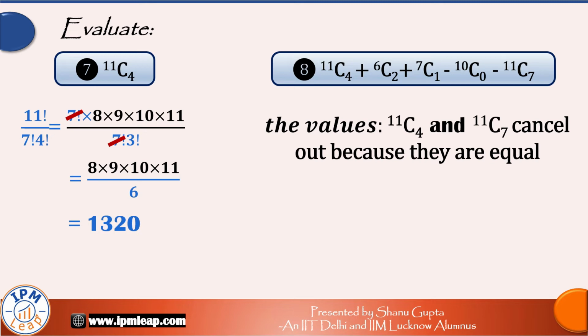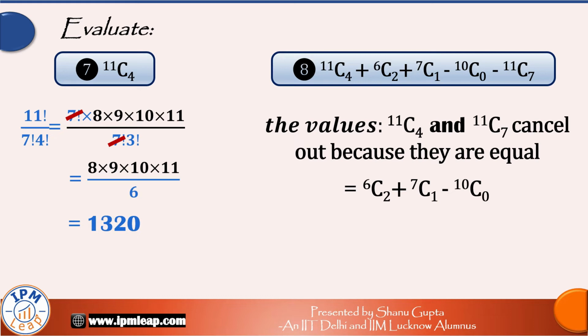So in case n is 11 and r is 4, then n minus r is 7. So 11C4 will be equal to 11C7. So there is a slight respite here, and we do not need to calculate their values. Their values are very huge. We just calculated them in the 7th question, but we don't need to calculate them here really, right? So all we are left with is the remaining expression, which is 6C2 plus 7C1 minus 10C0.